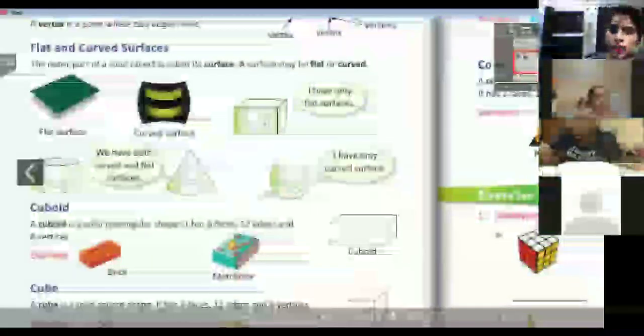The first one was cuboid, cube. Then we have here cylinder, sphere, and cone. These are some solid shapes. I hope it is clear to you all.